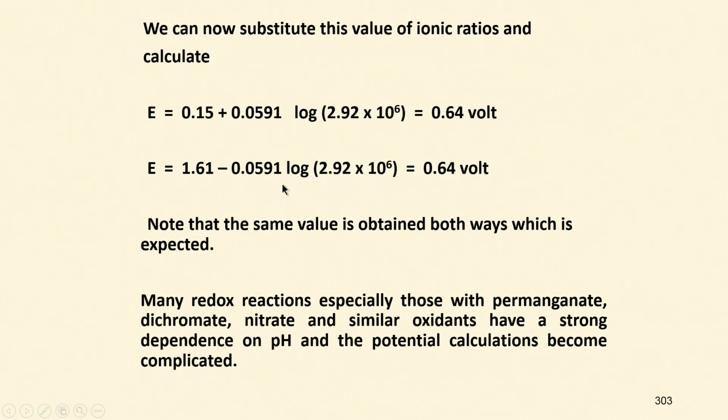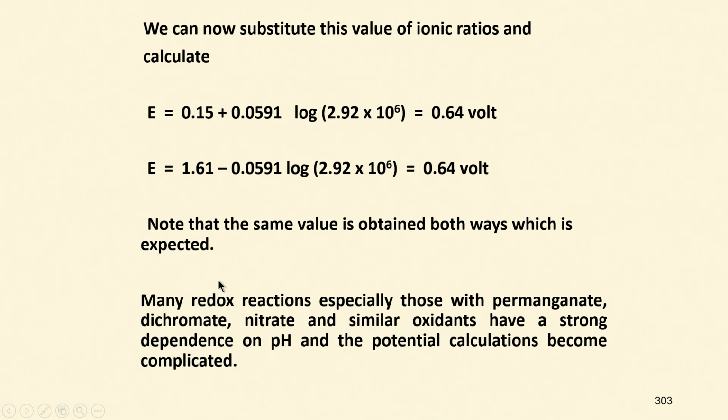Even if I take twice that value, the same value will be obtained if I take the other one with 1.61 minus this. So, the same value is obtained both ways, which is always expected.